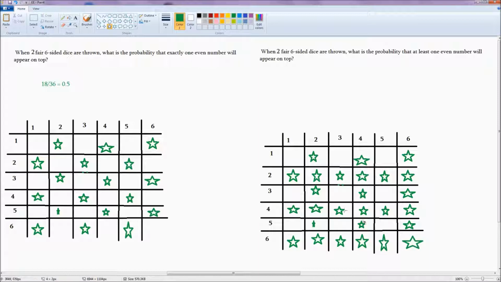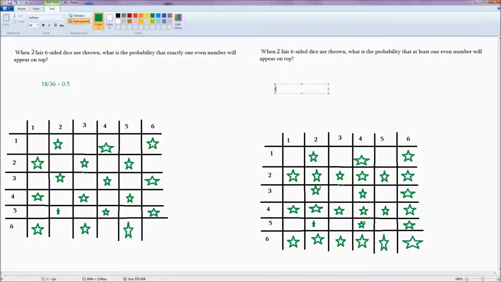When you fill the horizontals, the verticals are filled by themselves, which is awesome. This graph is a miracle. If we count them, we have 3 times 3 and 3 times 6, and their sum is 27. So 27 over 36, that equals 0.75.